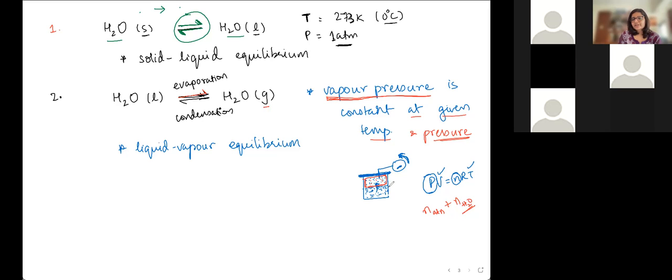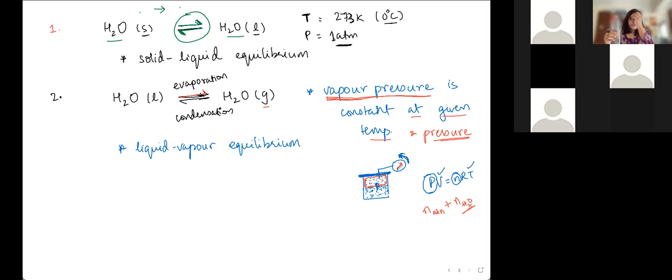Once it has reached the saturated point, like the maximum point ki itna water molecules hi evaporate ho sakta hai, then the reverse process kicks in. So vapor pressure slowly increases until it reaches a point and then it remains constant. If I put water in a closed bottle, all of it is not getting converted into vapor, right?